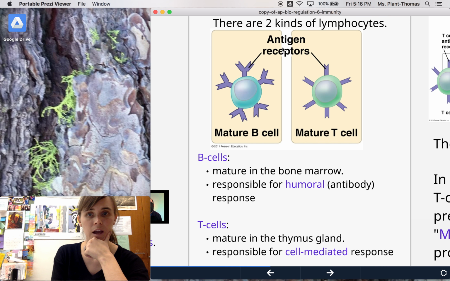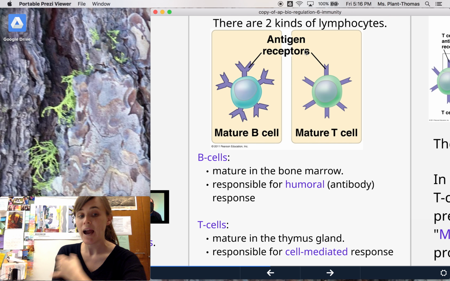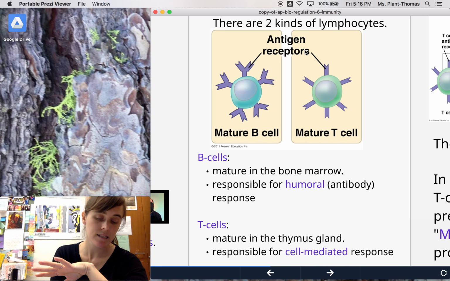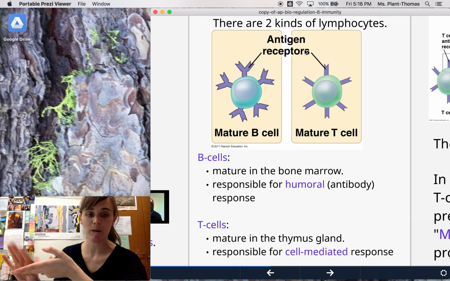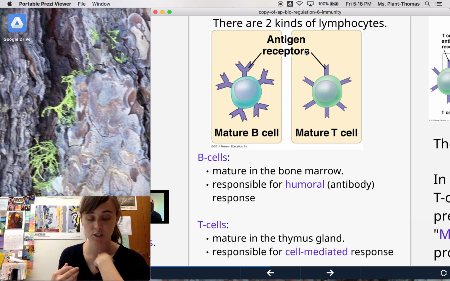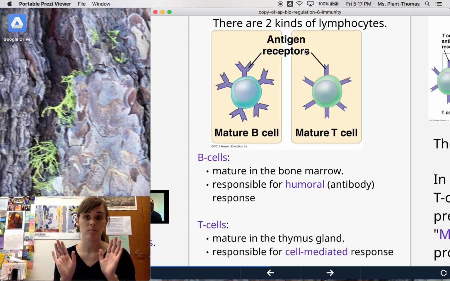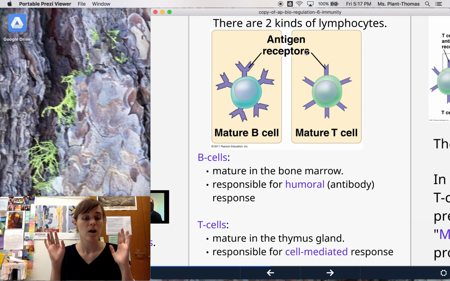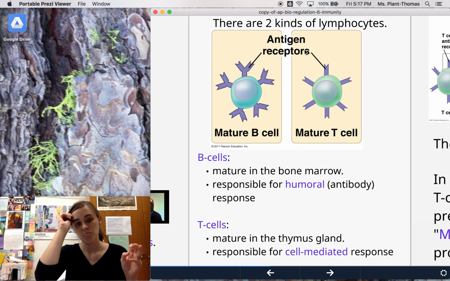Oh, and one other thing I want to explain while we're on this slide is what antigen means. Pathogens are, in this case, anything like a virus, bacteria, fungi, anything that's coming into your body that your body does not want there, that's being harmful to your body. Antigens are little tags that say what that cell actually is, and that can be on a pathogen.